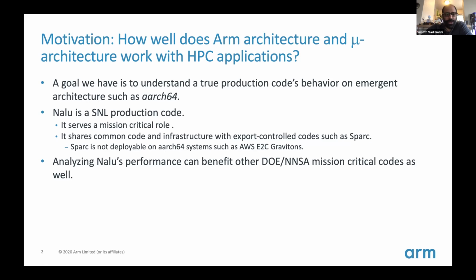So the whole point of this exploration is to understand how Nalu and furthermore, possibly Spark would perform on different types of ARM architecture. And AWS offers some nice comparative ARM platforms and possibly more in the future.